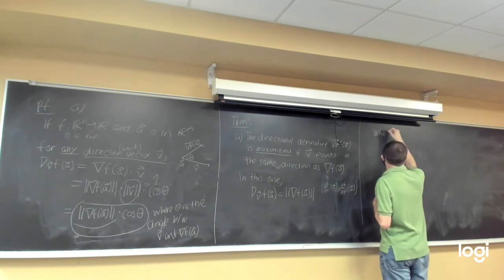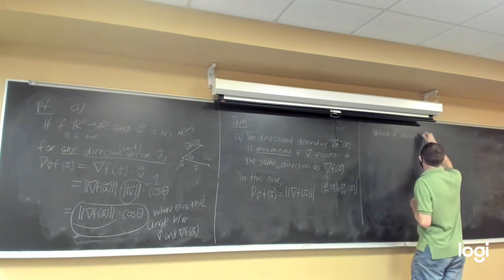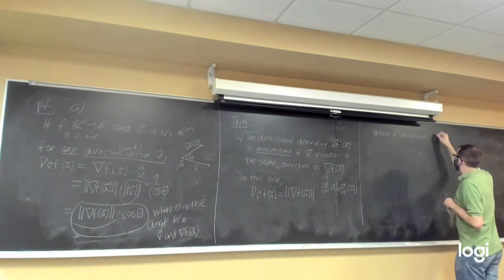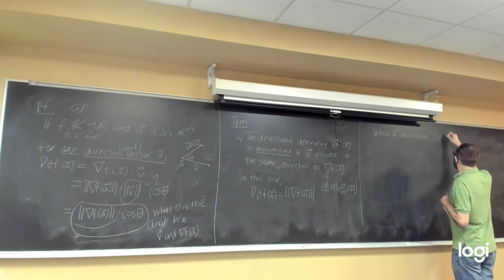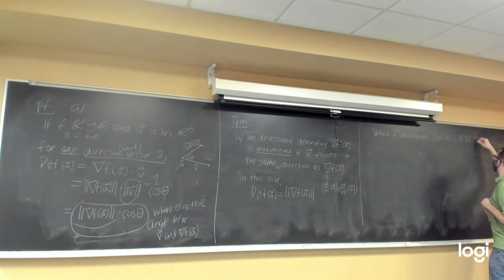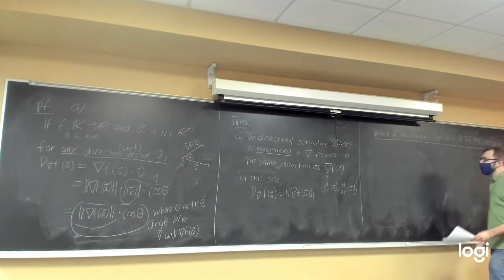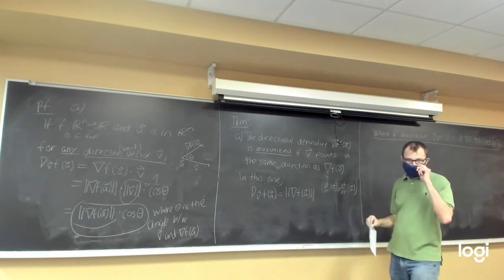So let's ask which v is going to maximize the directional derivative, which we have seen is going to be equal to the magnitude of our gradient vector times cosine theta. Well, we know something about cosine of theta.